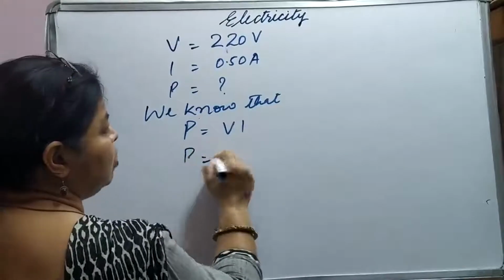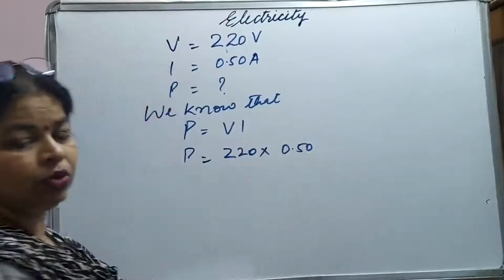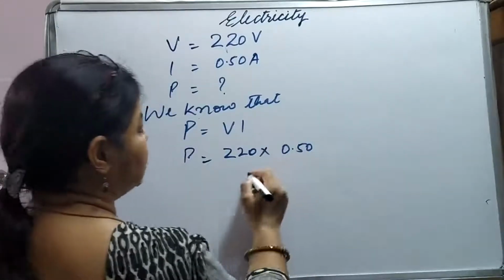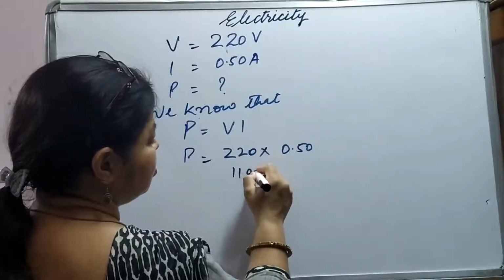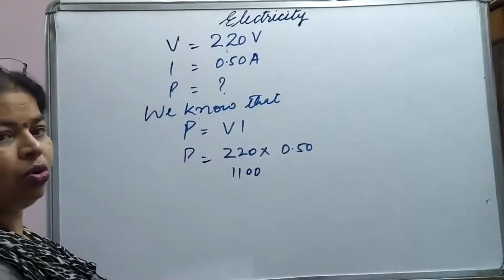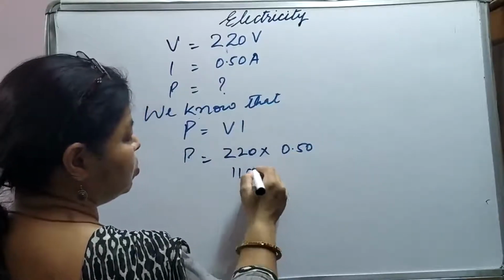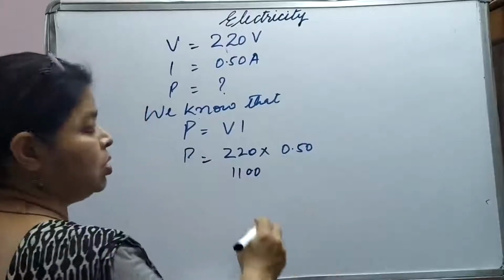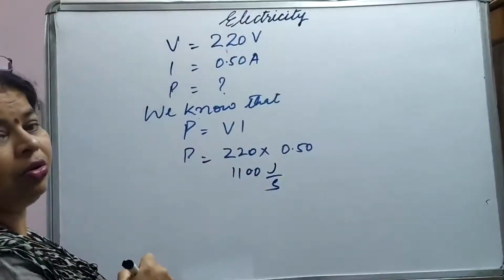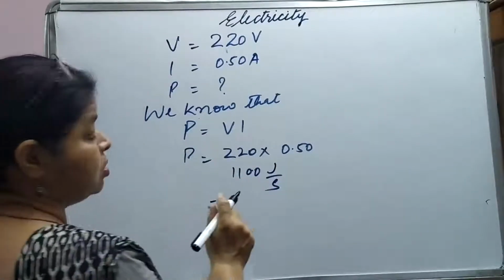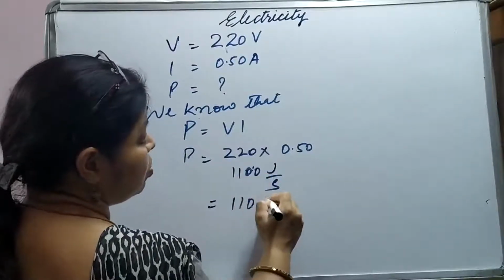P is equal to 220 into 0.50, which is 110 joule per second, or 110 watt.